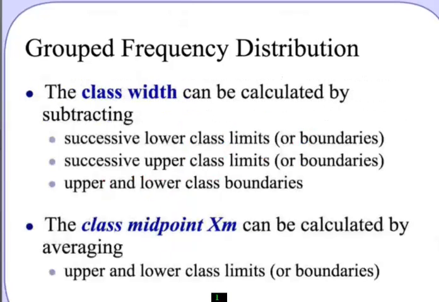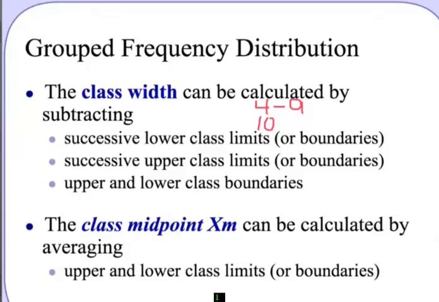The class width has to do with the difference between each of the classes. It's not necessarily the difference between the class limit, lower and upper, like the 4 to 9. It's actually between the lower limits or the upper limits. So if we look at the example I just gave, I had a class limit of 4 to 9. So that meant that my next limit would start at 10.